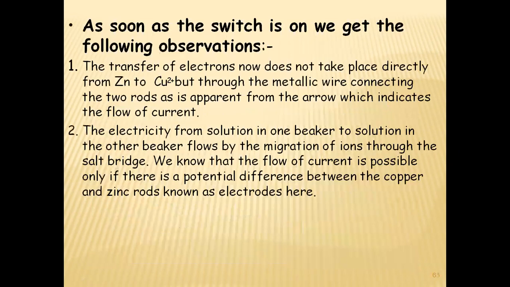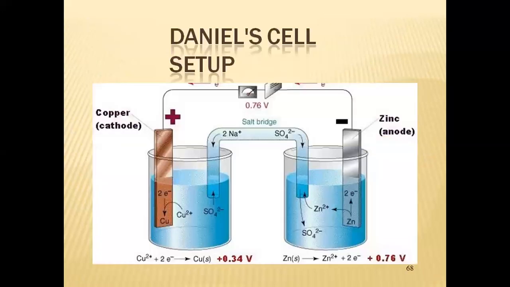All right. The electricity from the solution in one beaker to the solution in another beaker flows by the migration of ions through that salt bridge. We know that the flow of current is possible only if there is a potential difference between the copper and zinc rods, known as electrodes here. As you can see in the diagram, once you turn on the key, the electrons will start moving from zinc, means from anode to cathode. And your exchange of ions will take place through this salt bridge.